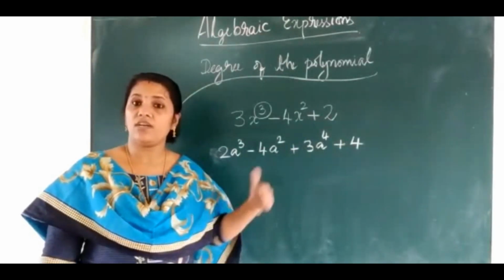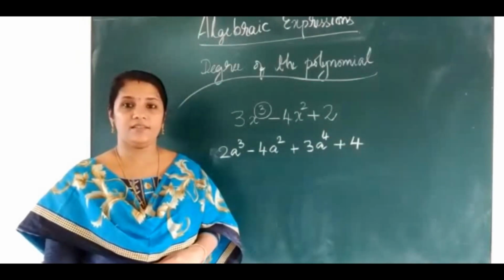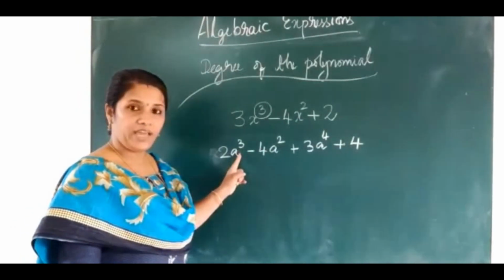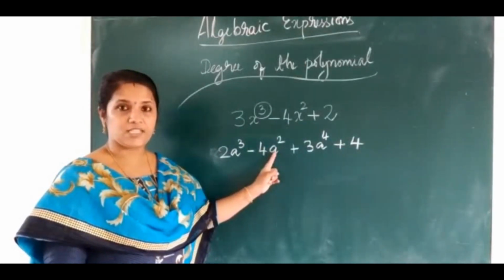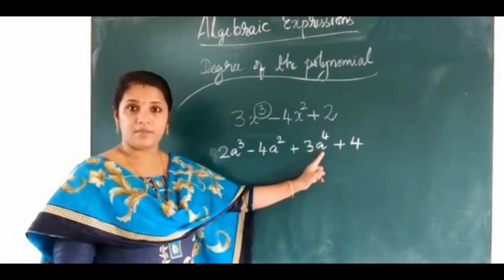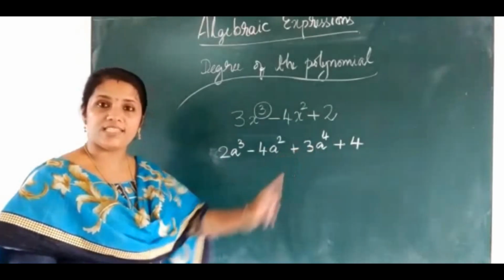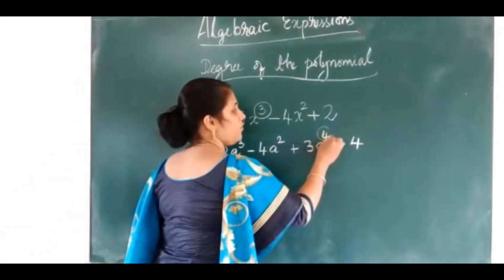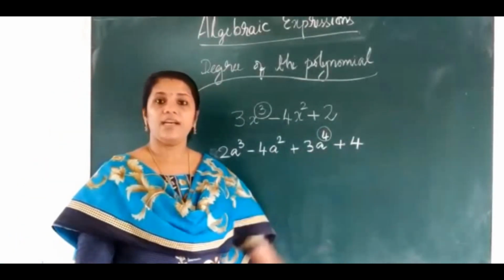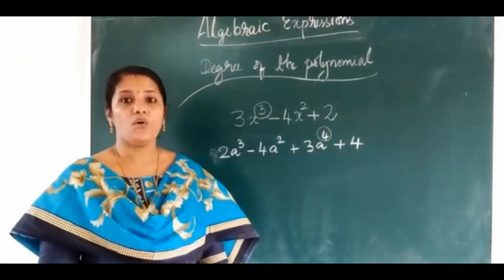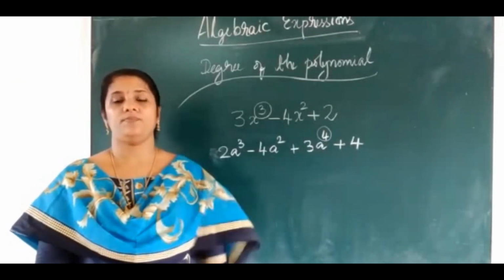What is the degree of this polynomial? Here the power of a is 3. In the second term, the power is 2. Third term, it is 4. So, 4 is the greatest power of this expression. So this one is the polynomial of degree 4.